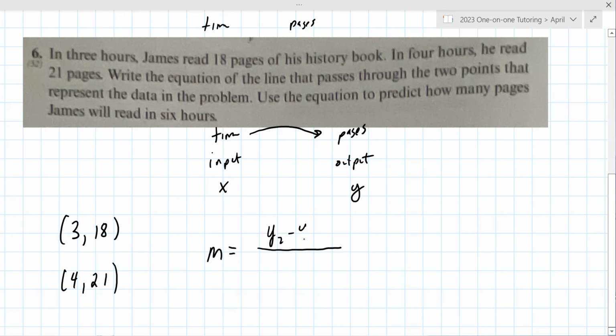y2 minus y1 over x2 minus x1. Okay. Can you attempt to calculate the slope for us, please?